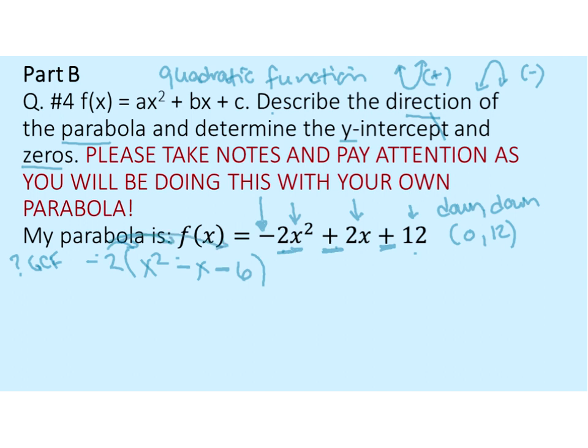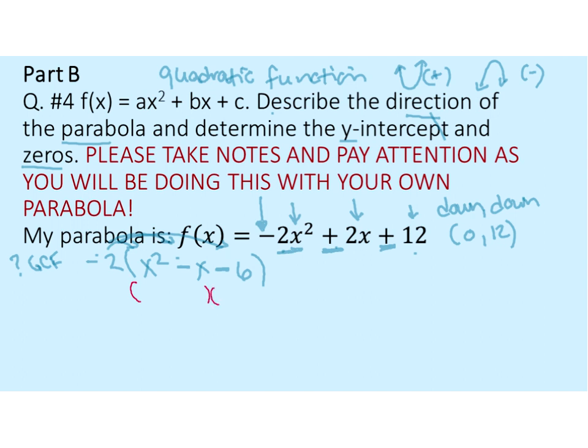I distribute and multiply: negative 2x squared plus 2x plus 12. I always double check my factoring before I start. Now, you ask yourself, can I factor this? Let's try.